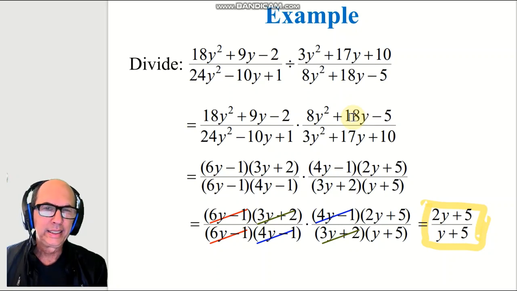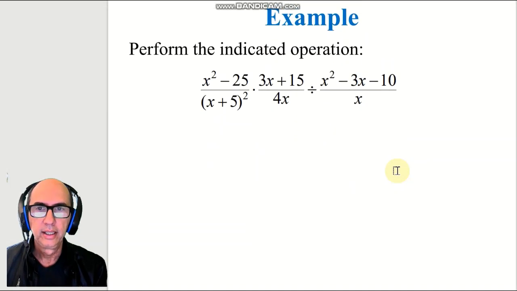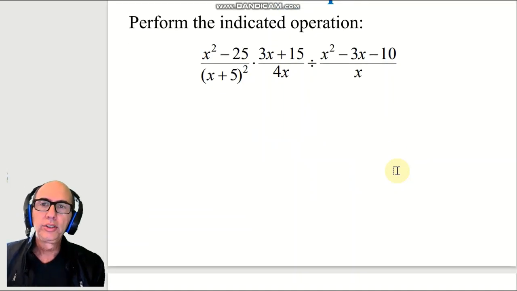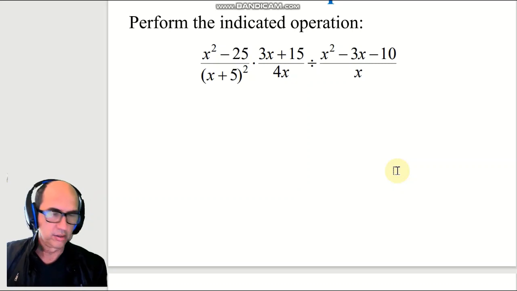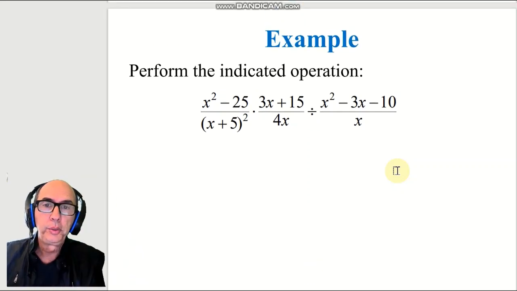But this is just one situation, one example. Not all questions will be as hard as this one.